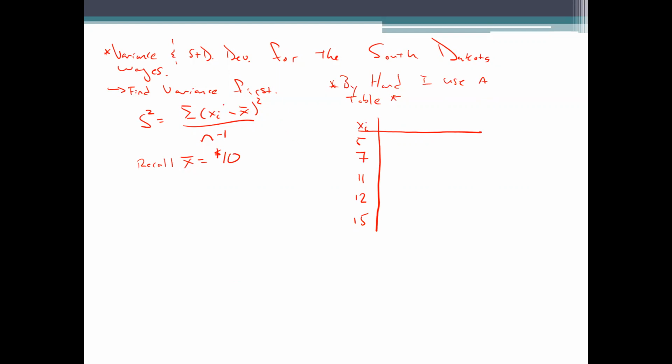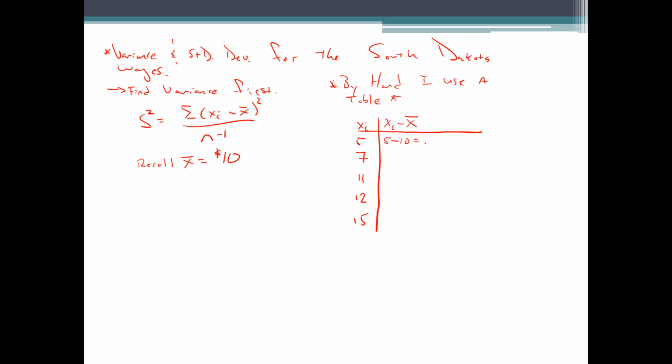Now look at our formula here. The first thing the formula says to do is take each individual X value and subtract away the mean. So I'm going to take 5 minus 10. What's 5 minus 10? I have to be careful.